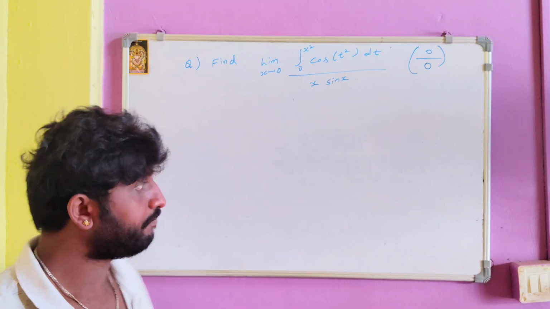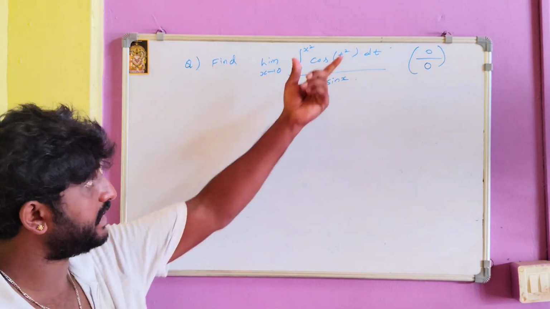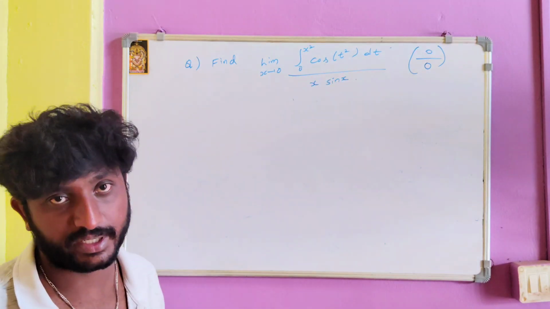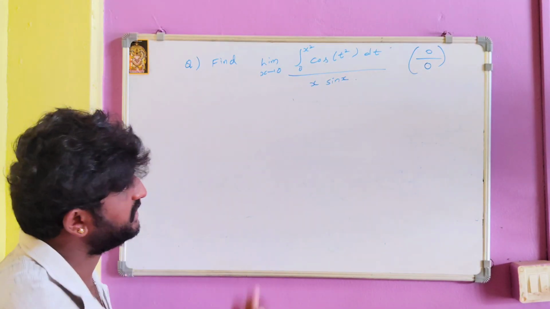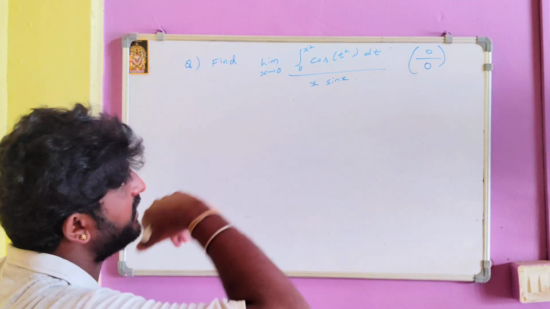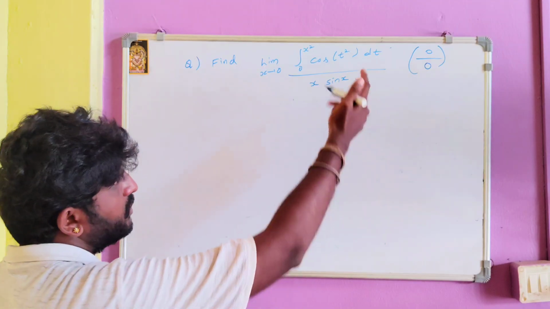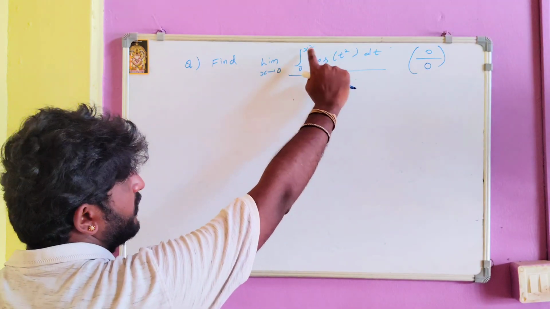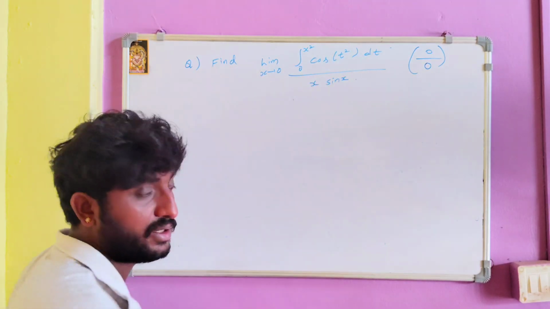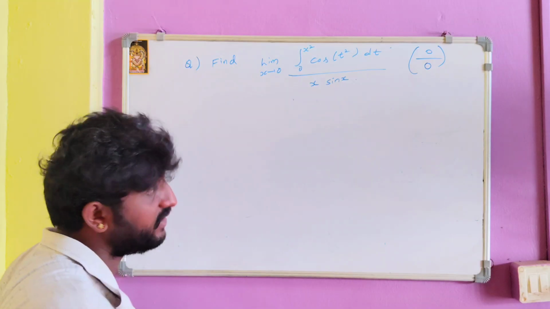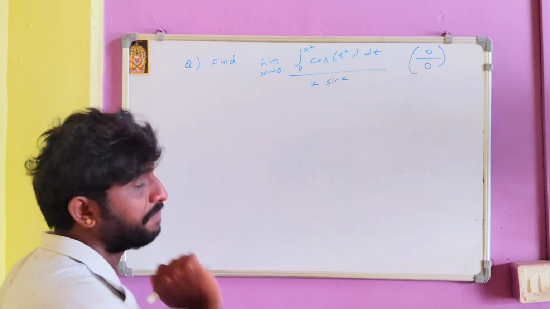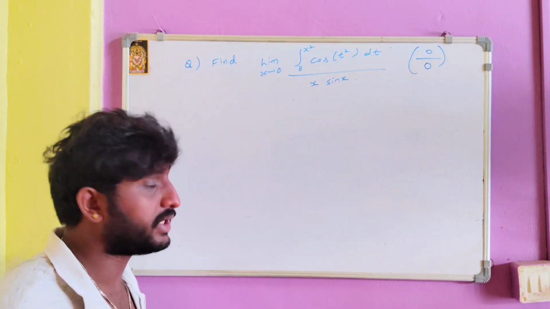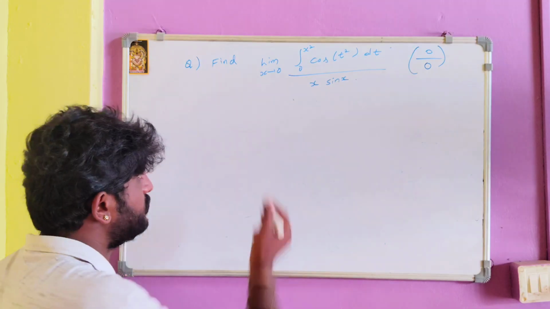Then differentiate numerator and denominator. How to differentiate this? It is a definite integration, and one more thing, it is not with respect to x, it is with respect to t. How to deal with such types of questions? We need to use Leibniz rule. What is Leibniz rule?